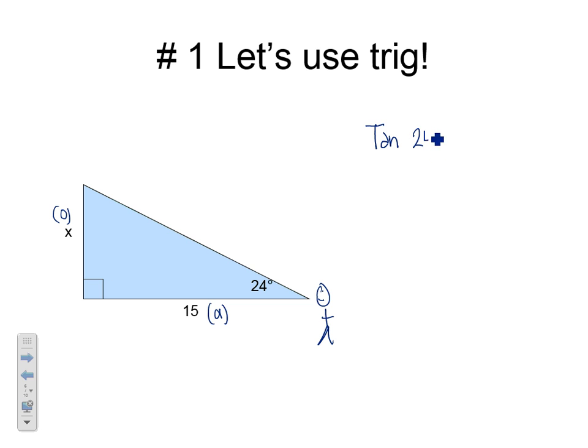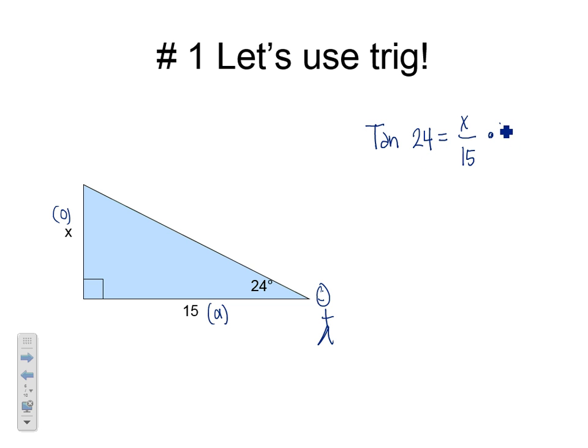The tangent of 24 is equal to, SOHCAHTOA, O over A, x over 15. And so I'm going to solve for x. So I put tangent of 24 in there. Let's not round here. Let's go ahead and solve for x right away.